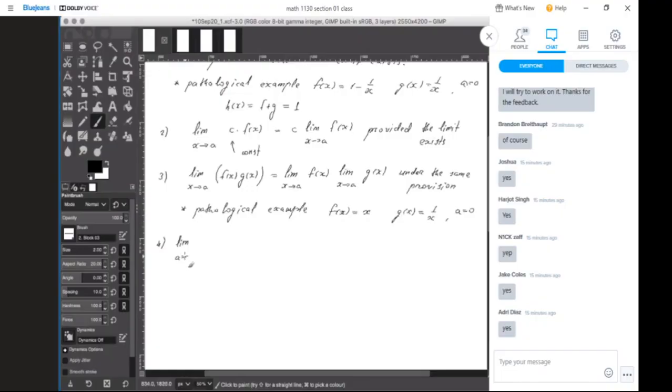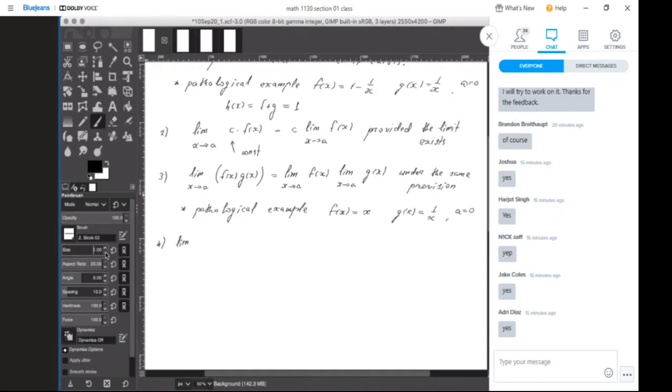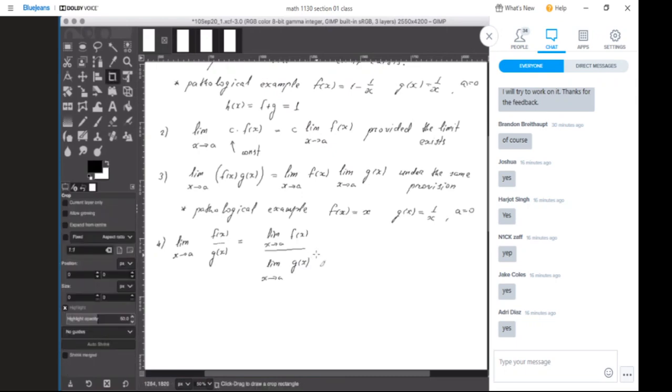So the limit as x goes to a of f of x divided by g of x will be the limit as x goes to a of f of x divided by the limit as x goes to a of g of x. And again, both limits have to exist.